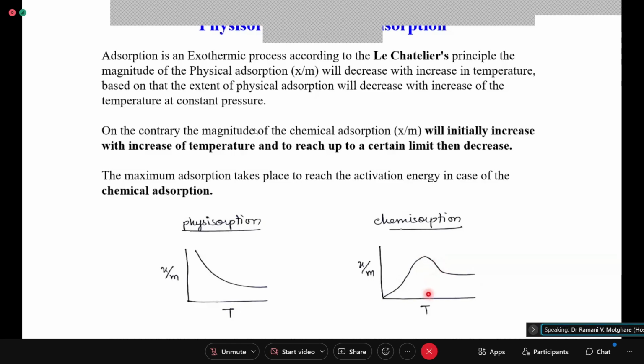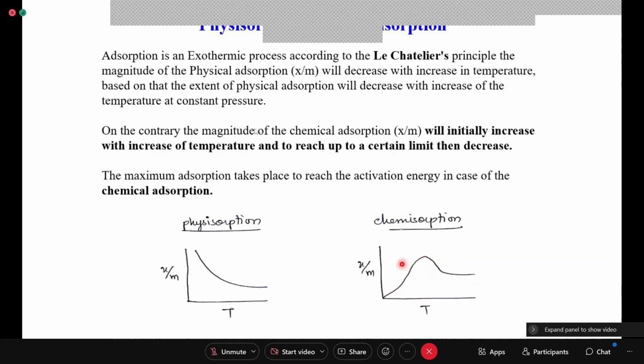So the trend is something like this. We find that the optimum range for chemisorption is a small temperature range, not lower than this nor more than this.